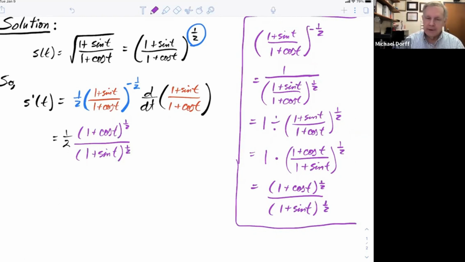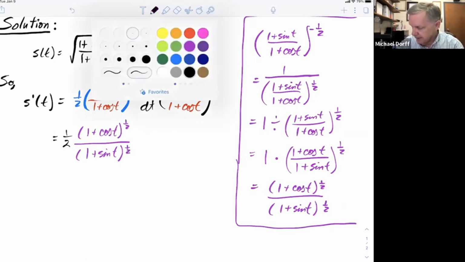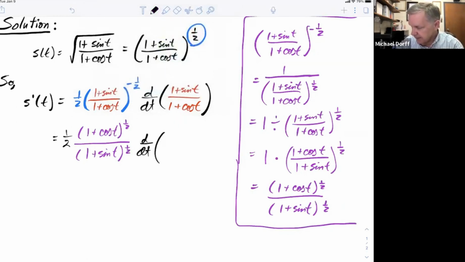So let me make sure I said that right. That all equals 1/2 times, in the numerator, 1 plus cosine t to the 1/2 power divided by 1 plus sine t all to the 1/2 power. And then I still have d dt of 1 plus sine t over 1 plus cosine t.